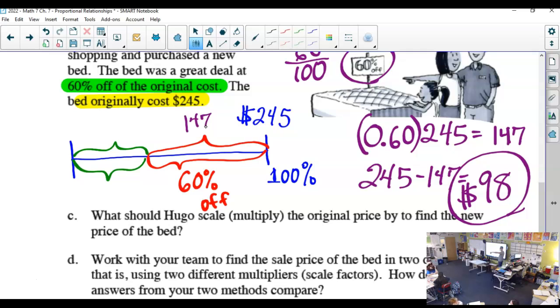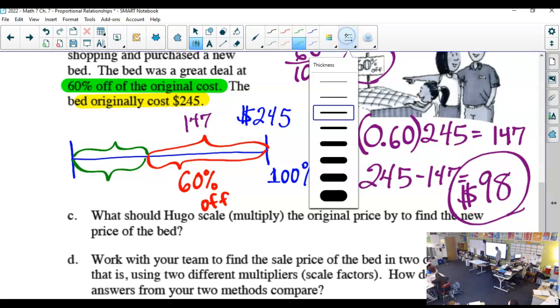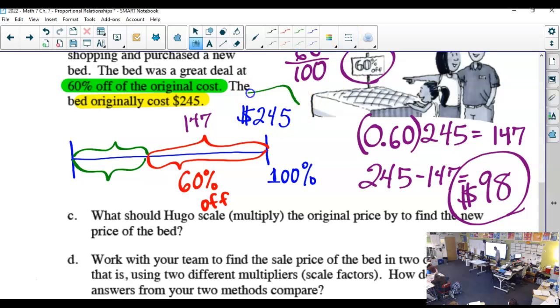Vincent, what do you mean that there's an easier way? So, if you, so 245 is 100%. If you divide that by 100, you get 2.45. So, hold on. So Vince, absolutely, but I want to make sure everyone's with you.